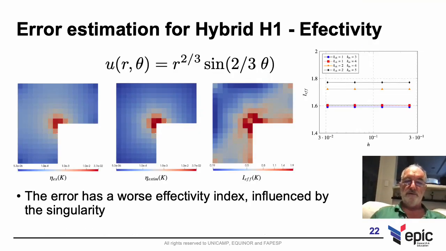So we verified the error estimator for this singular problem, and we see that our effectivity index for the different orders of approximation was not as good as the effectivity index for our MHM-HDiv method. Instead of being close to 1, it's about 1.6. It overestimates the error, which means we are on the safe side.